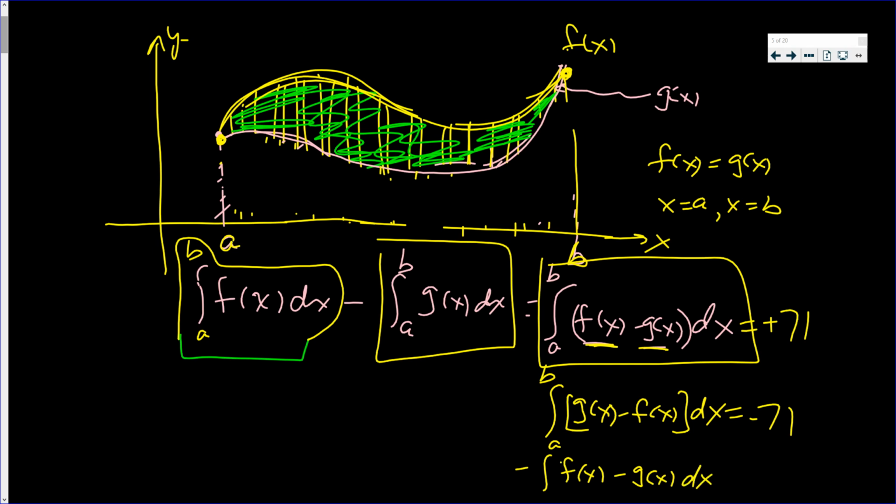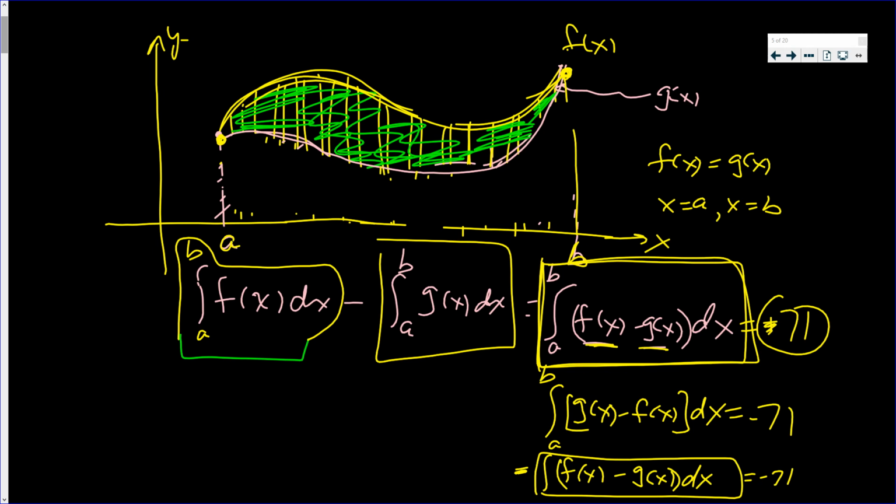And what I'm boxing is exactly this. But this has a minus sign in front. That's why if this one is 71, this one will be -71. And if this one is -71, this will be +71. They always differ by a sign.